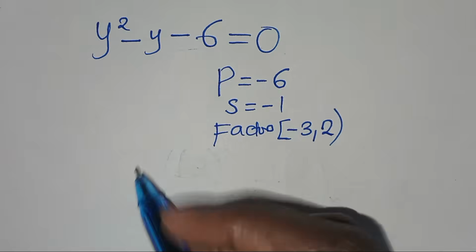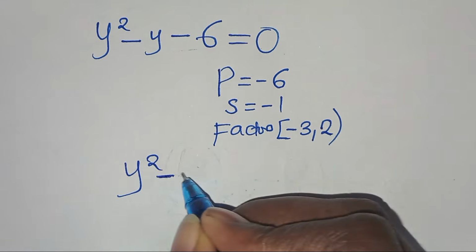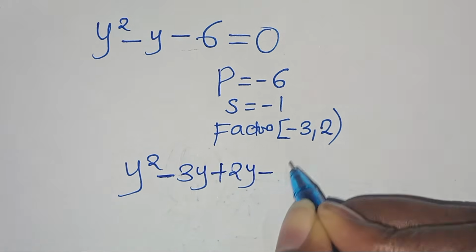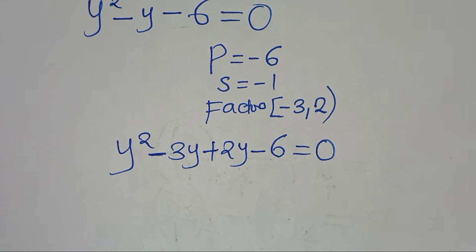So this means here we have y squared minus 3y plus 2y minus 6 equal to 0. Now we have two parts.